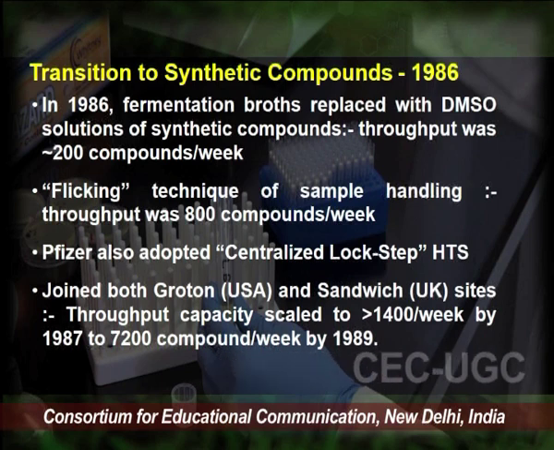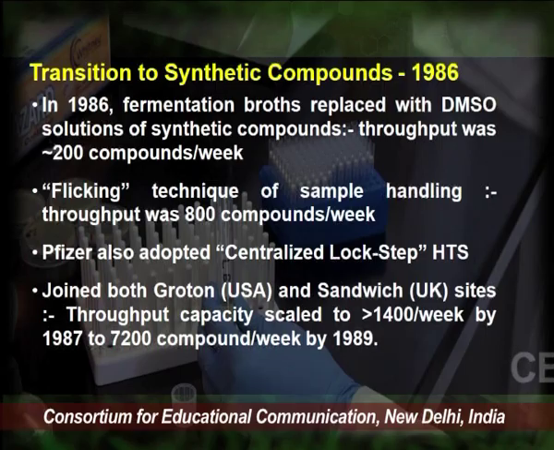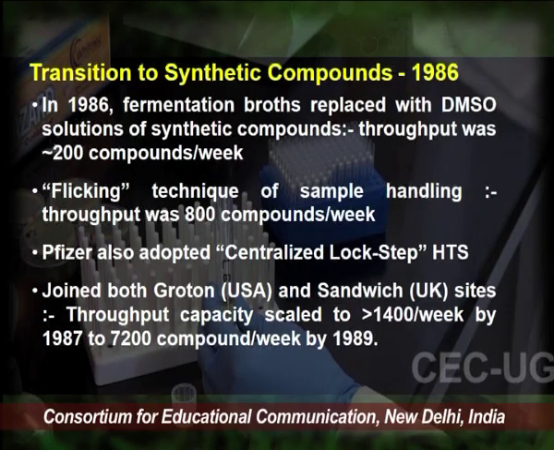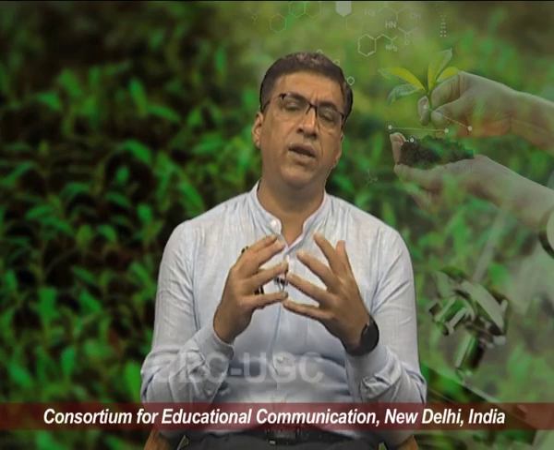So they adopted a flicking technique, wherein the sample was taken on suitable equipment and it was just flicked, and the flicking was so optimized that every time the sample was flicked, they got almost an equal amount of the sample. This flicking technique further increased the speed of screening to 800 compounds per week.